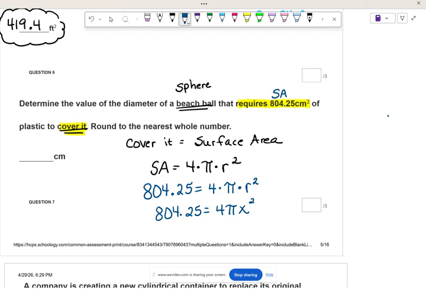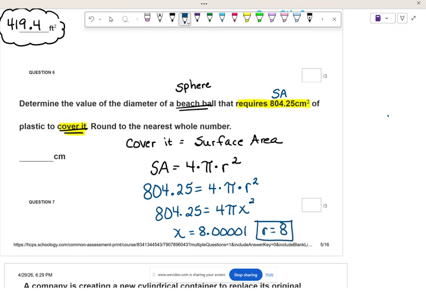All right, so let's go type that in Desmos and see what we get. All right, and I got that X, which represents the radius, is 8.00001. All right, that means the radius is approximately equal to 8.